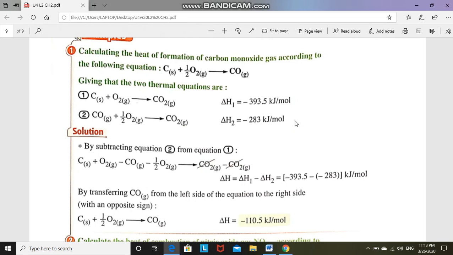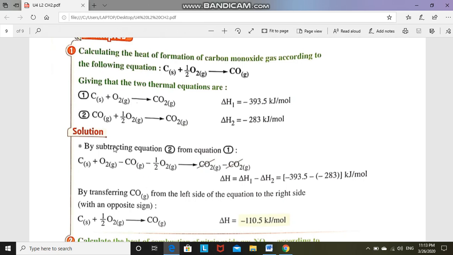So we get carbon plus oxygen, negative CO2, negative half O2. We get CO2 minus CO2, so this side will be neglected. All positive and negative terms are neglected. For the other side, we have C plus O2 minus half O2, which gives plus half O2 here. And we transfer carbon monoxide to the right side of the equation.